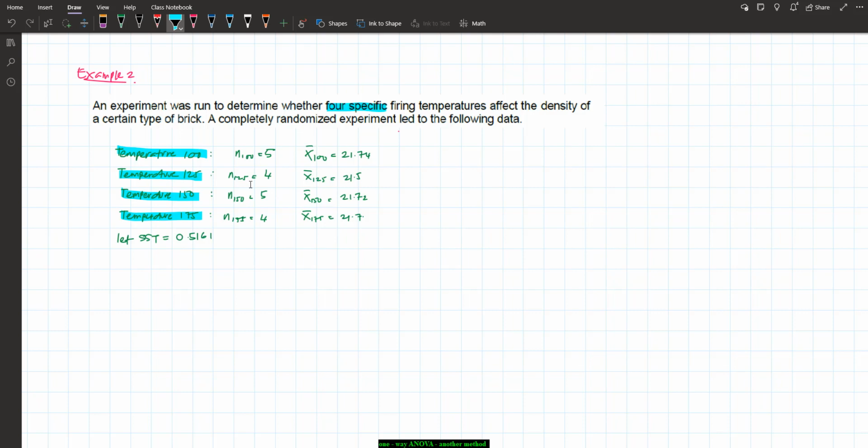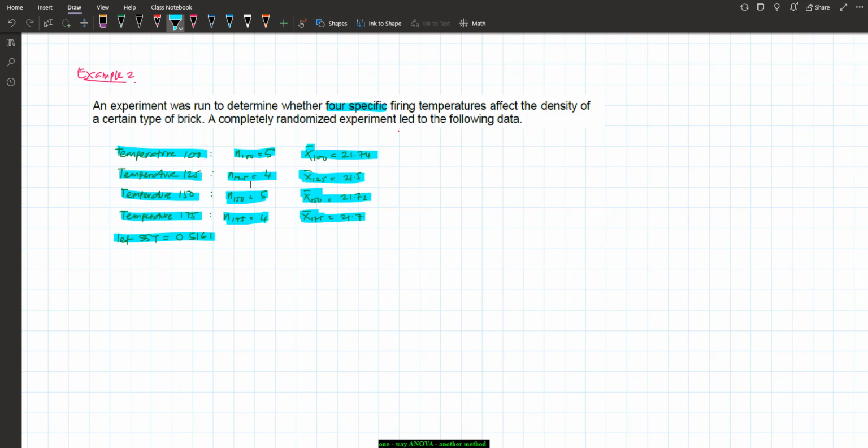For temperature 100, n equals 5, x bar equals 21.75. For 125, n equals 4, x bar equals 21.5. For 150, n equals 5, x bar equals 21.72. For 175, n equals 4, x bar equals 21.7.